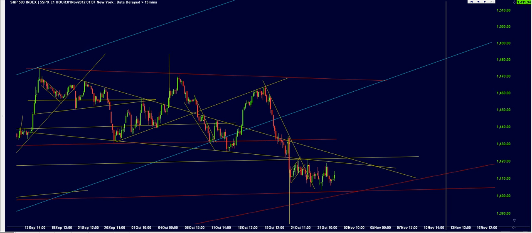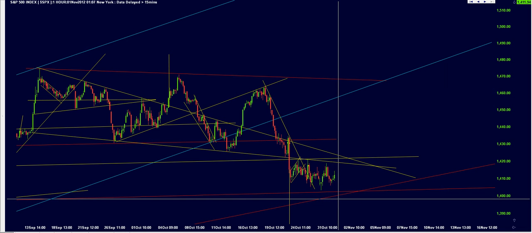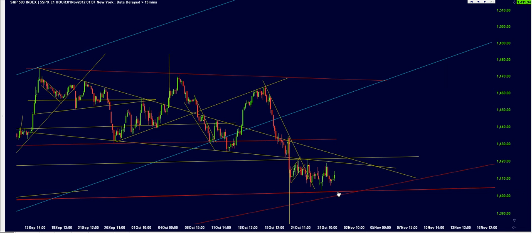1382 area. Now the other thing that we do know is that we have a support area here and another rising area of support here that the S&P 500 needs to get through in order to meet its minimum expected target.